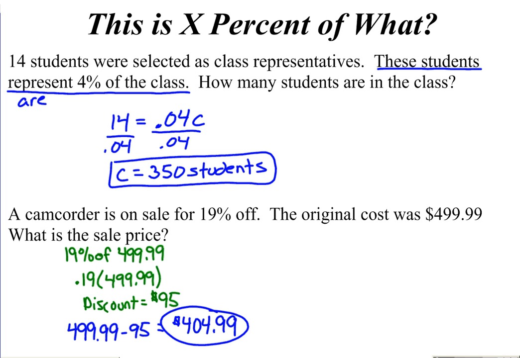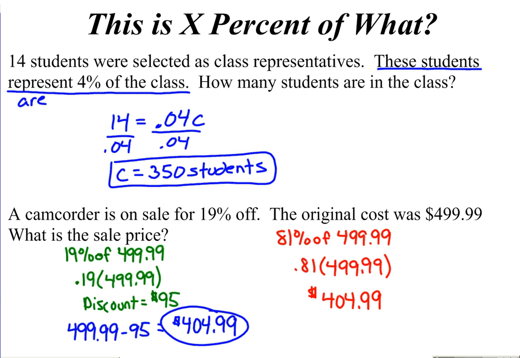Well, if I take 100% and I subtract 19%, that means I only have to pay 81% of that original price, which becomes 0.81 times $499.99. Plug that into your calculator, and we get a sale price of $404.99.